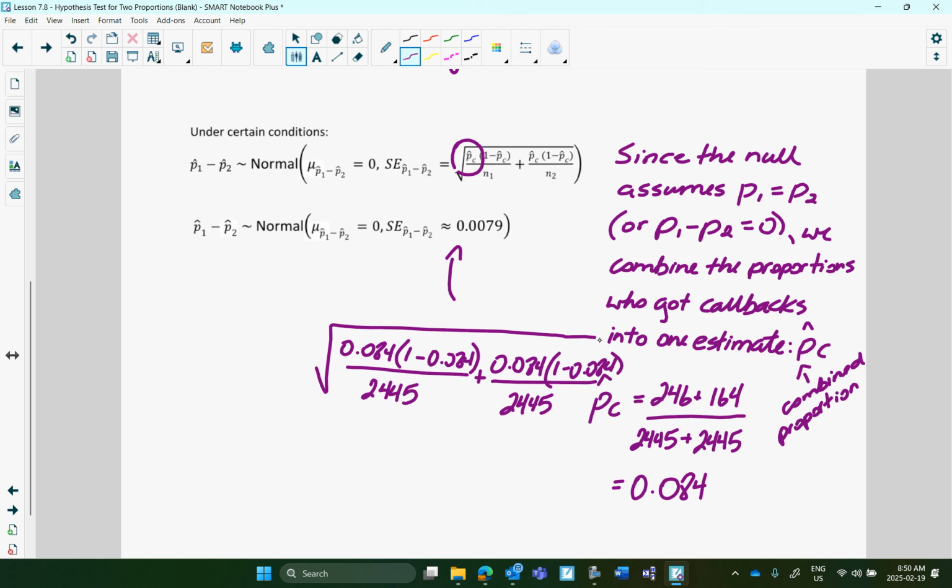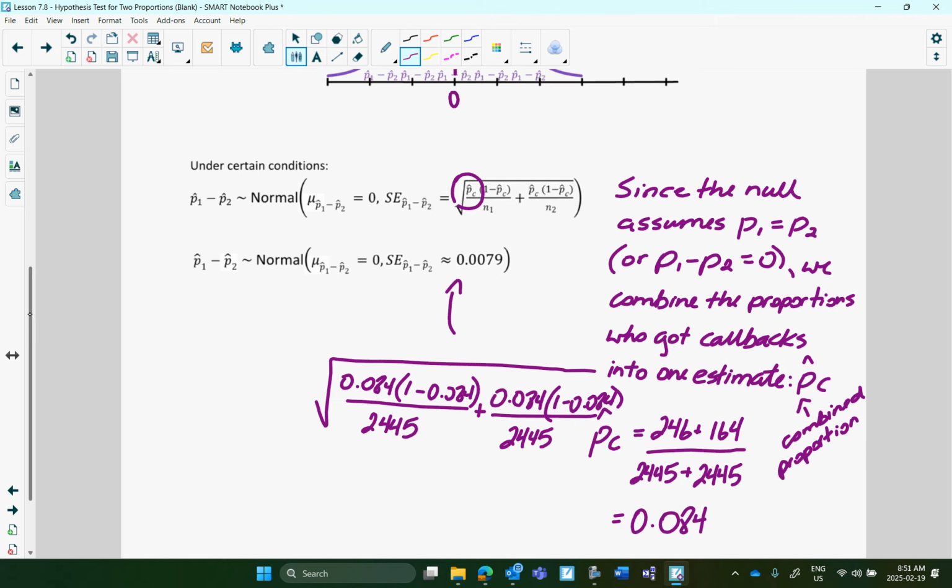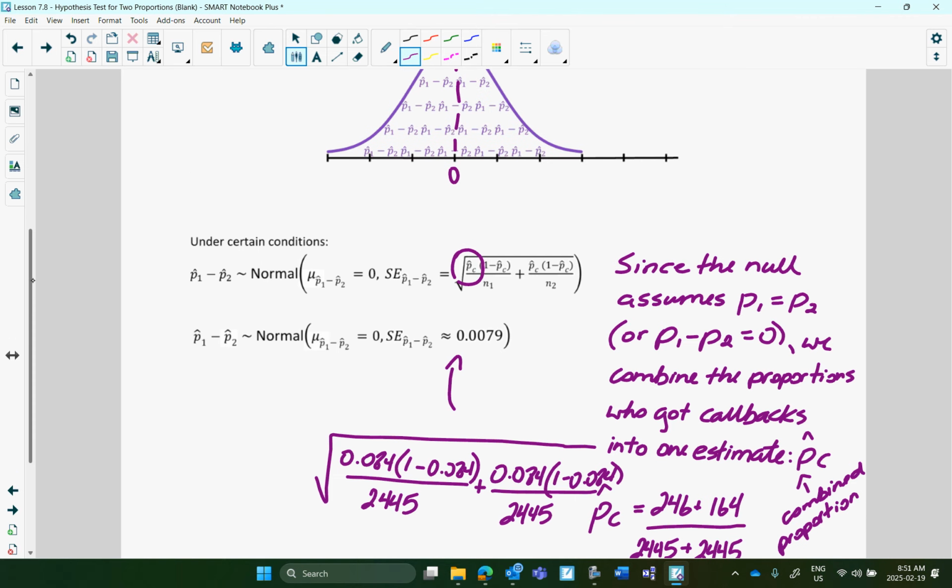So when we calculate all of these, add them together and square root, we get approximately 0.0079 for our standard error. That allows us to complete the distribution above. So now we know the standard error.